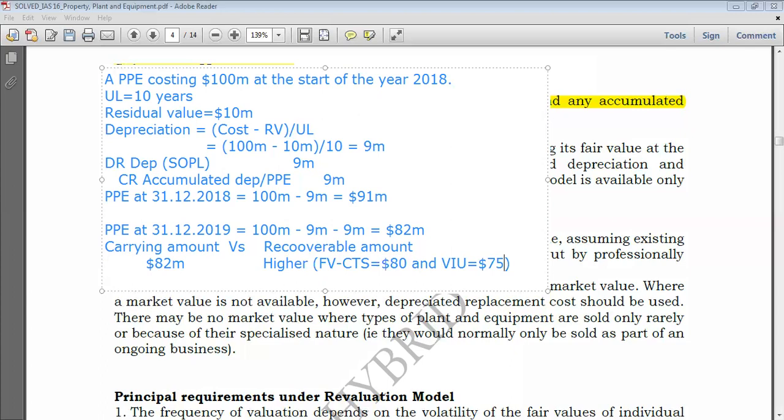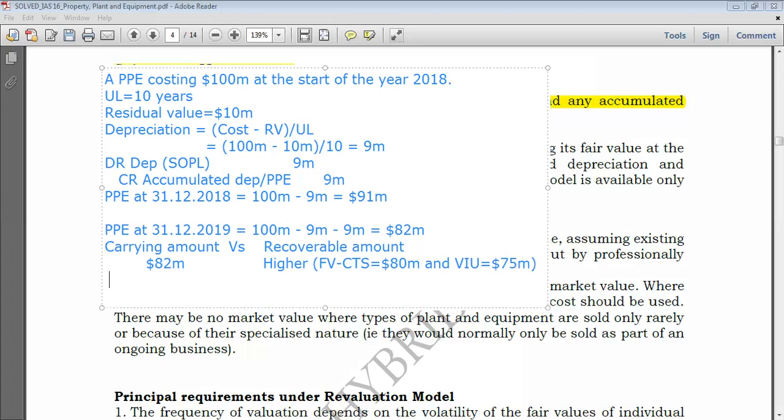What would you do in a situation like this? I would first compute the recoverable amount. What is the higher between fair value less cost to sell and the value in use? The higher value is 80 million. And so you would compare this $82 million against the higher value, which is $80 million.